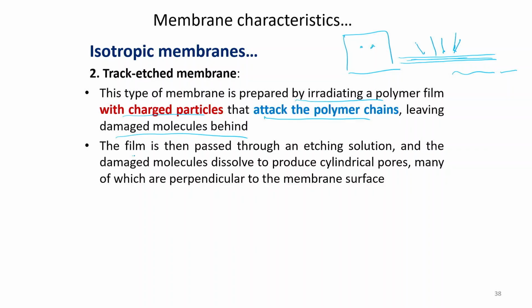This film is then passed through the etching solution, where the damaged portion will get removed and the damaged molecules dissolve to produce cylindrical pores. You can see here, the charged particle is there, and this is a film, and in this portion the polymer will get damaged.